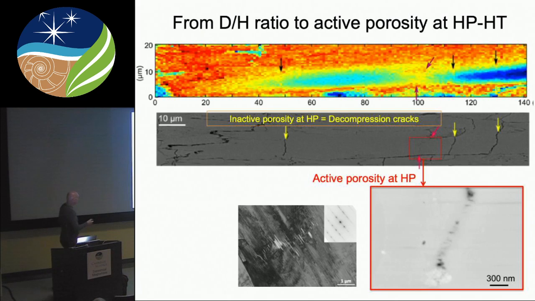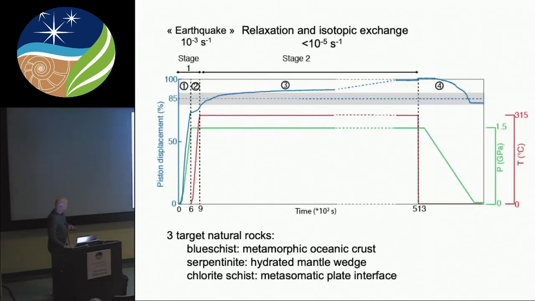So this very small porosity here, these aligned negative shaped pores in the crystal that correspond probably to former fractures that were healed, actually are active at high pressure during the experiment. So this is the kind of porosity we need to account for in nature.